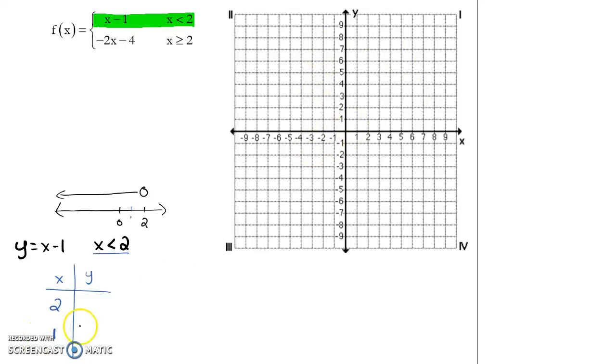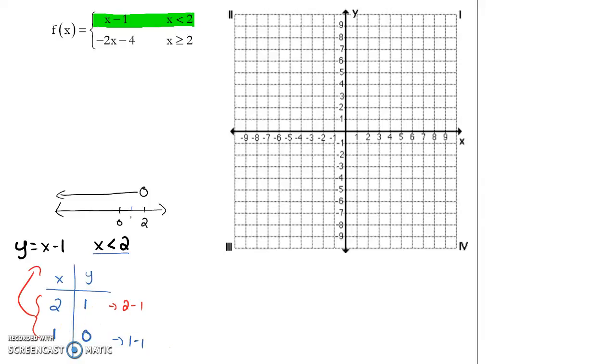Now it's a matter of plugging these x values into the function. So my y is going to be equal to 2 minus 1. So when x is 2, my y is 1. Here, it's going to equal 1 minus 1.